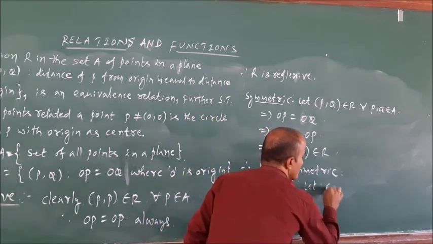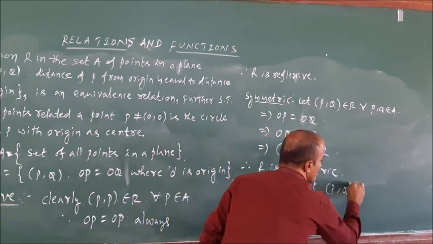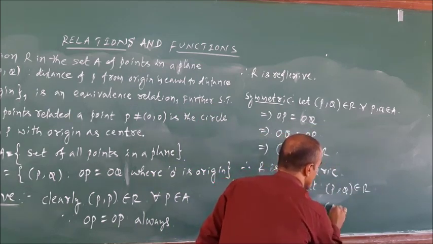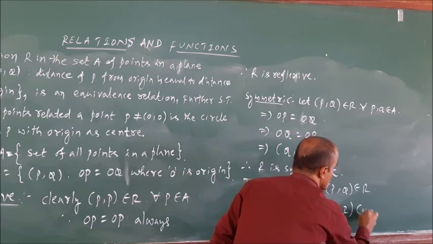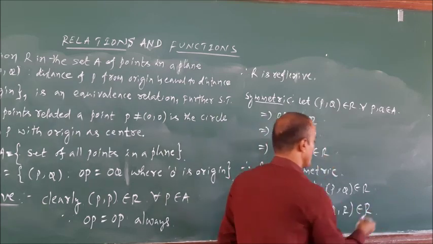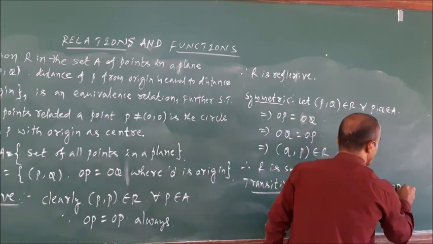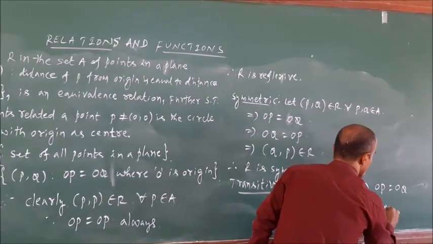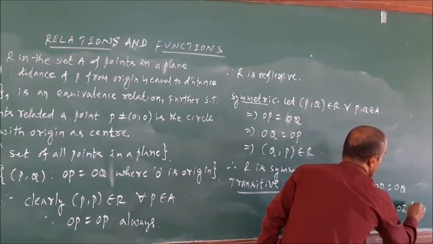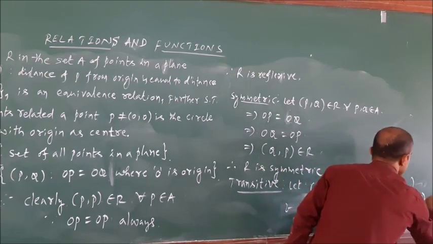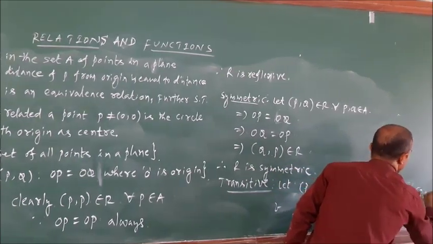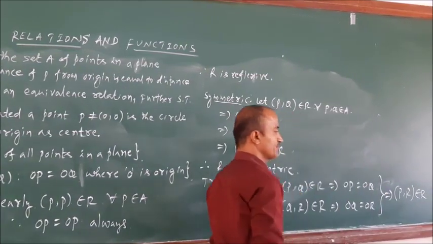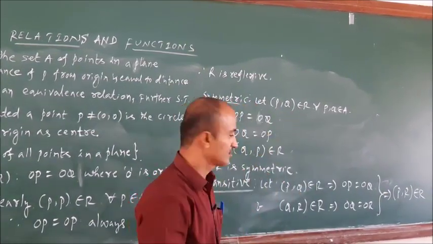Let (P, Q) belong to R and (Q, R) belong to R. So this implies OP is equal to OQ, and OQ is equal to OR. Then clearly this implies (P, R) belongs to R.